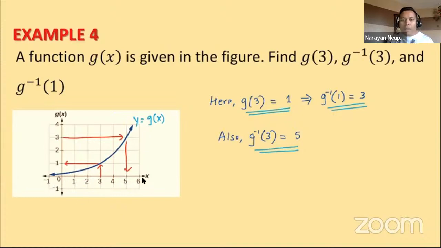But for the inverse g inverse x, these values along the vertical axis are the input or the domain. And the range for g of x are these values, whereas the range for the inverse are these values along the x-axis, because for the function and its inverse, the domain and range interchange. That is the fundamental concept that you should know.